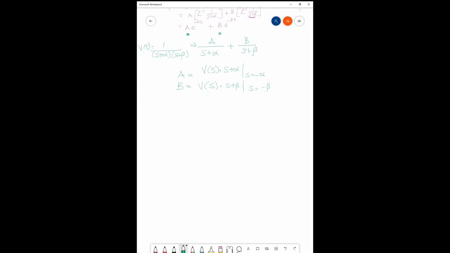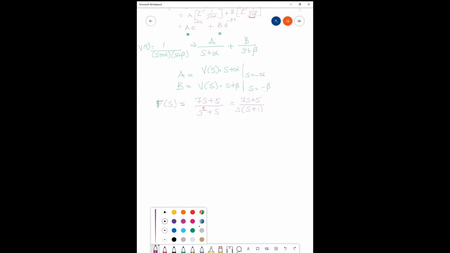So using that, let's solve for functions. So let's say f at s is equal to 7s plus 5 over s squared plus s. Let's solve this. We know that it is 7s plus 5 over s times s plus 1, right?